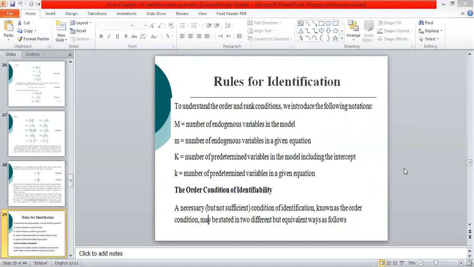Given equation means the equation of our interest, the equation which we want to identify. Capital K is the number of predetermined variables in the model, and lowercase k is the number of predetermined variables in the given equation, or equation of interest.